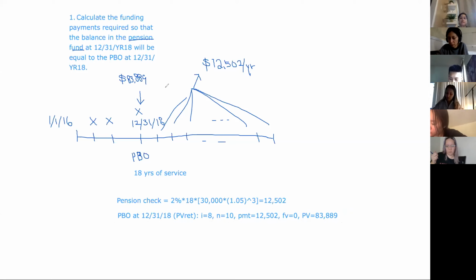Then to satisfy the obligation, the company has to save and grow the money to $83,889.